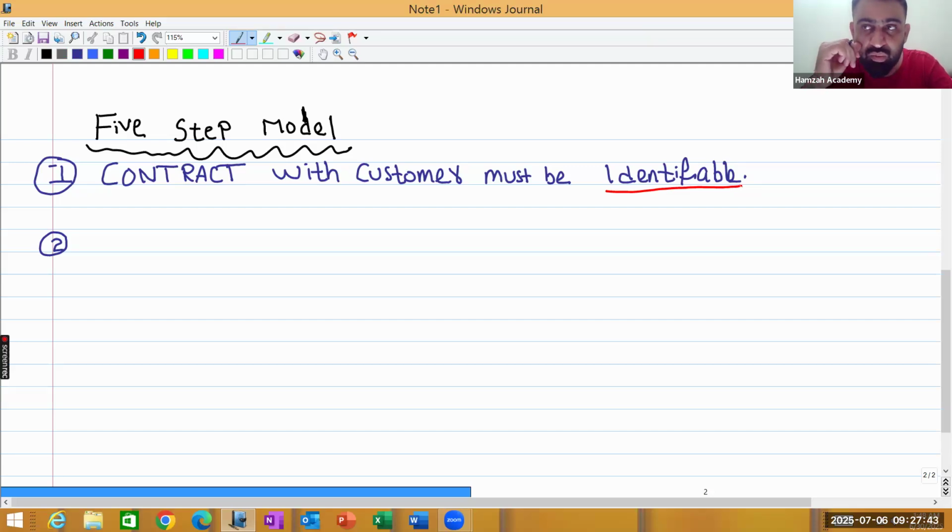Now, when will the contract be identifiable? In simple words, if it can be enforced at law.